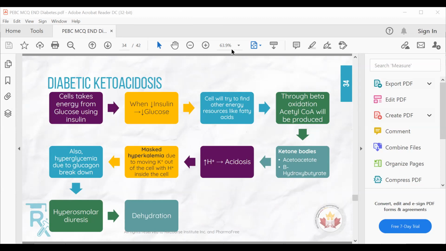My pleasure. Okay, so in a diabetic ketoacidosis patient, the patient has high level of H, has ketone bodies, his breath will smell like fruit due to the ketone bodies, and he will develop dehydration and a lot of issues.